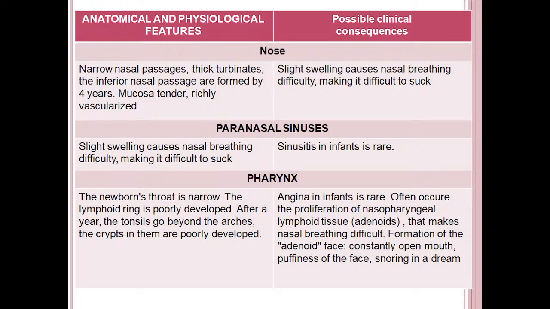Angina in infants is rare. Often there is proliferation of nasopharyngeal lymphoid tissue, adenoids, that makes nasal breathing difficult. Formation of the adenoid face involves an open mouth, puffiness of the face, and snoring in a dream. You can write this information.